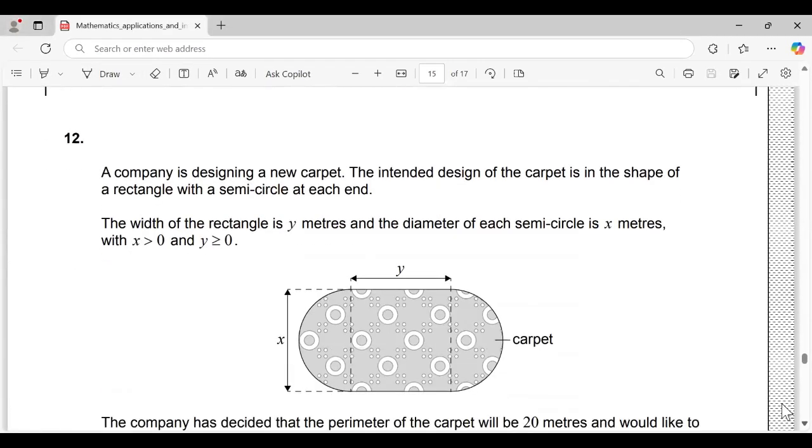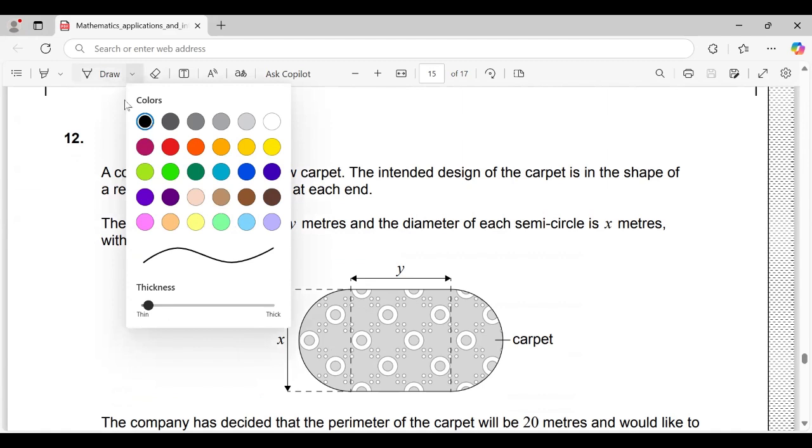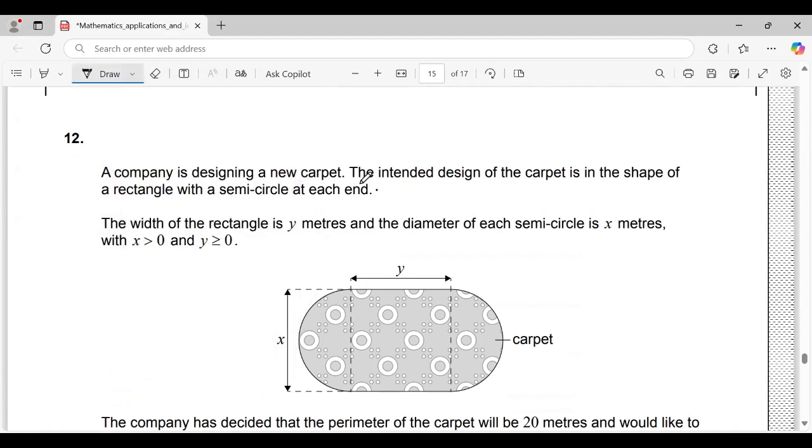Number 12, a company is designing a new carpet. The intended design of the carpet is in the shape of a rectangle with a semicircle at each end. The width of the rectangle is y meters and the diameter of each semicircle is x meters.